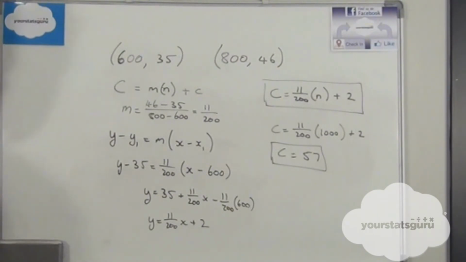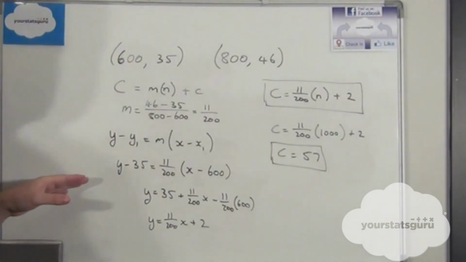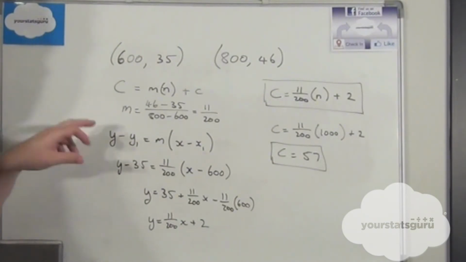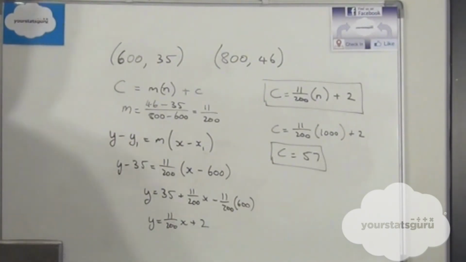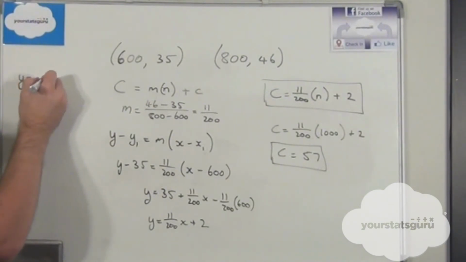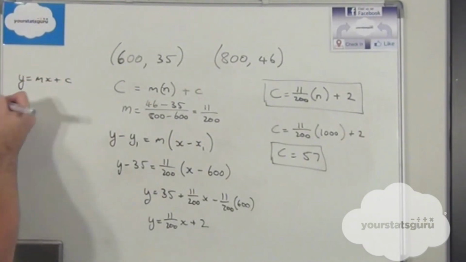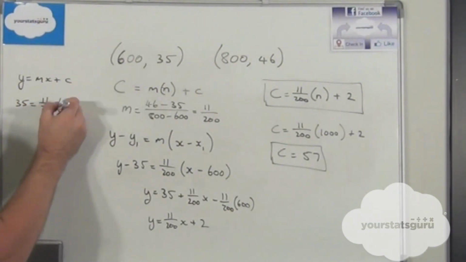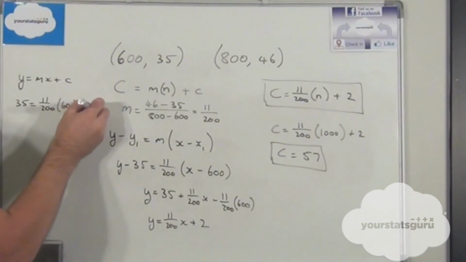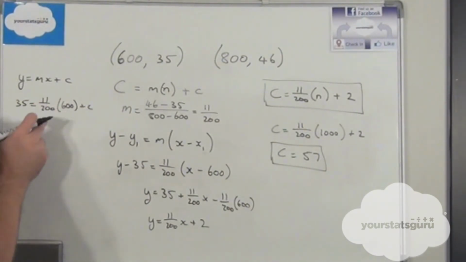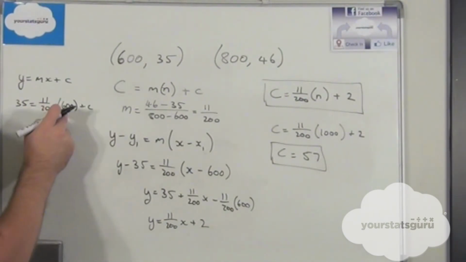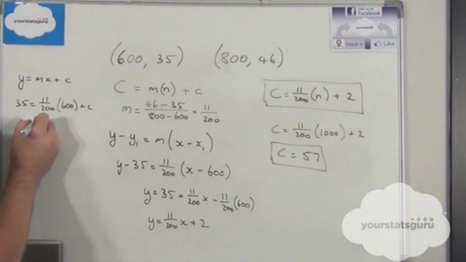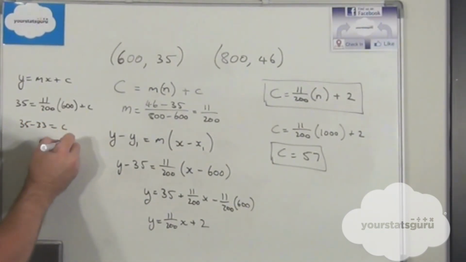I don't actually understand why the textbook manufacturers insist that this is easier than using the fact that you already have y is equal to mx plus c, and substituting in the values: 35 is equal to 11 over 200 times 600 plus c. 11 over 200 by 600 is 33. 35 equals 33 plus c, so therefore 35 minus 33 equals c, c equals 2.